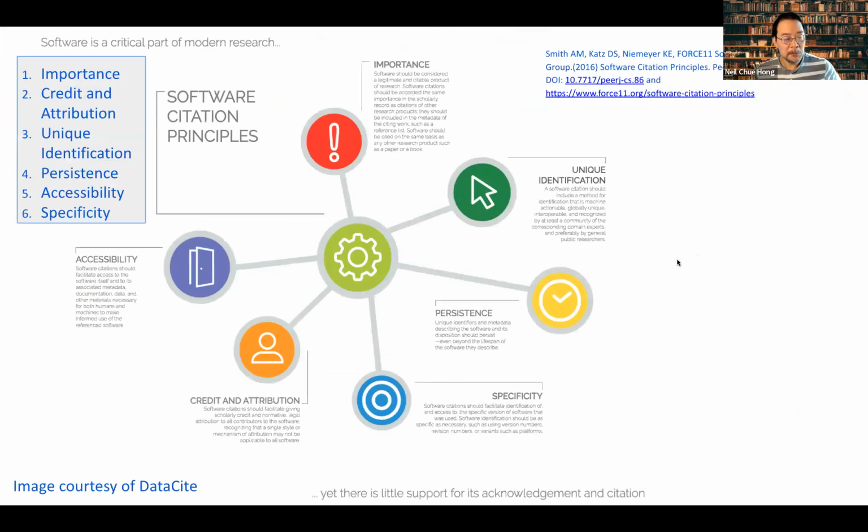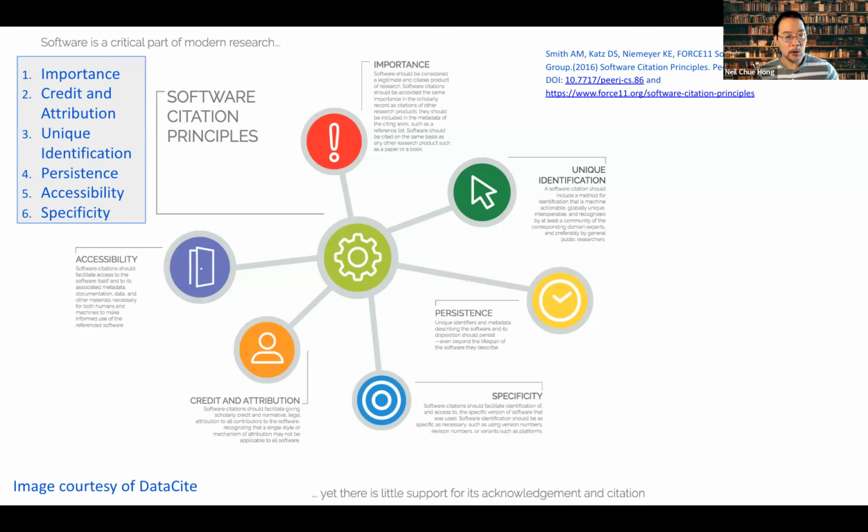So one of the things that we're trying to do to address this is give a set of recommendations for researchers around how to make their software citable and how to cite software. So in 2016, Arthur Smith, Dan Katz, and Karen Nijmeijer led the FORCE11 Software Citation Working Group, which developed a set of 6 principles based on the data citation principles around how you should cite software.